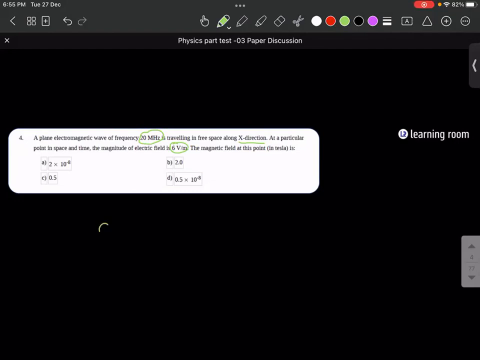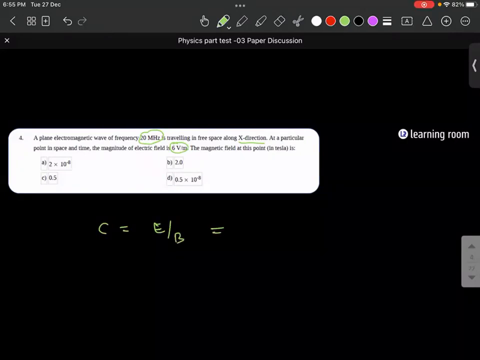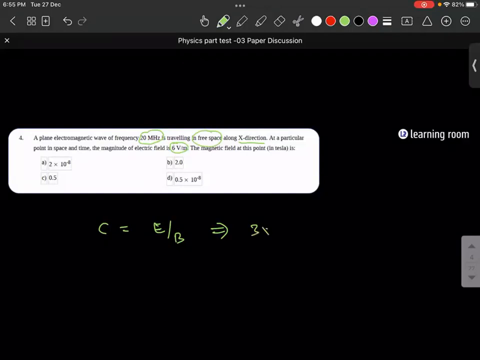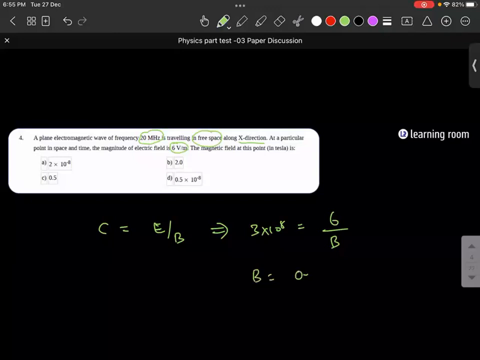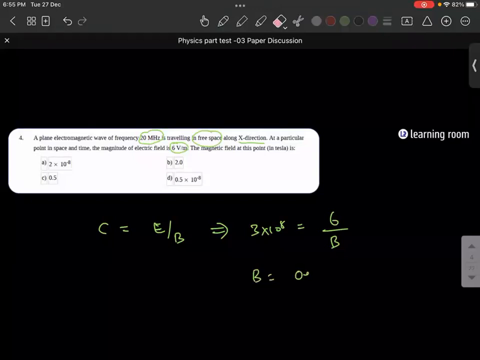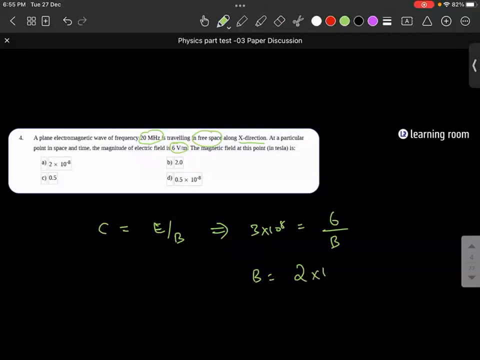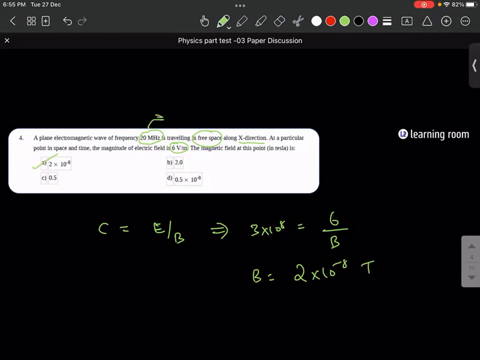C is equal to E by B, which implies since they told free space, C is 3 into 10 power 8 is equal to E divided by B. So answer will be B is equal to 2 into 10 power minus 8 Tesla. So here what is unwanted data? 20 megahertz is unwanted.